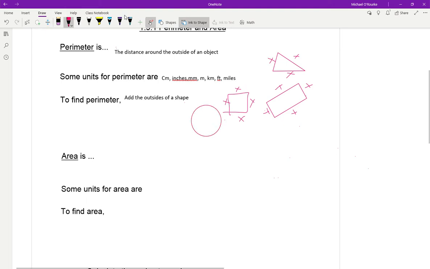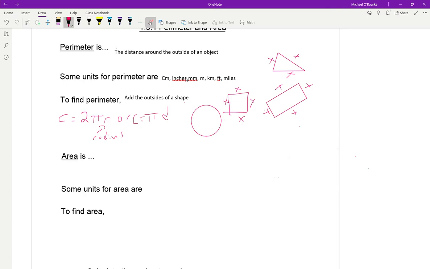A circle's a little different because we can't add up all those little sides. So what we have to do with a circle is use a formula. The formula for a circle is circumference equals 2 pi r, where r is your radius, or circumference equals pi d.